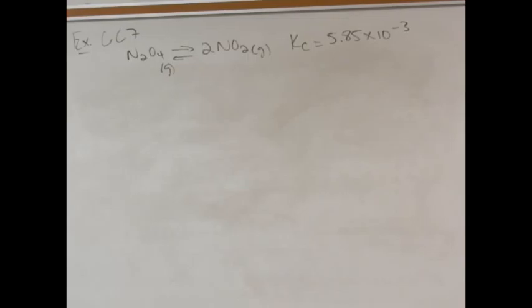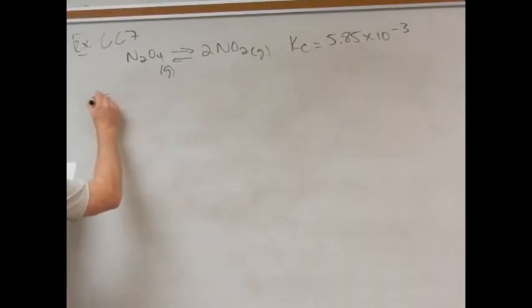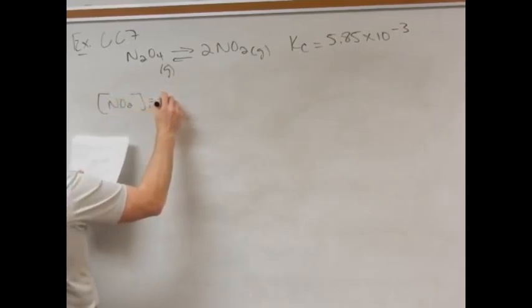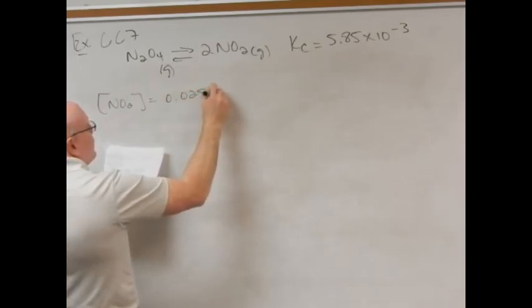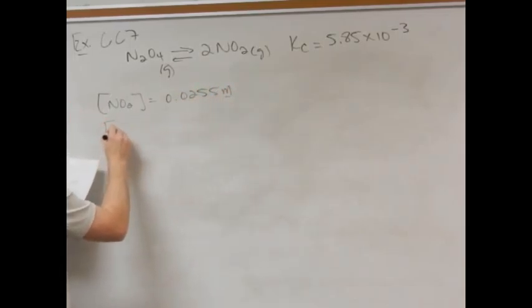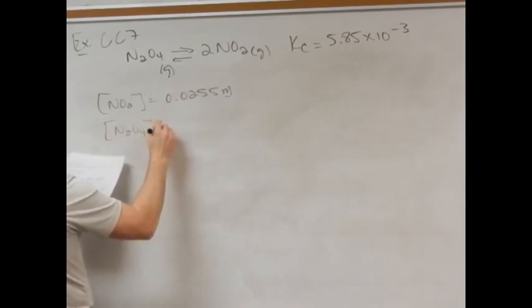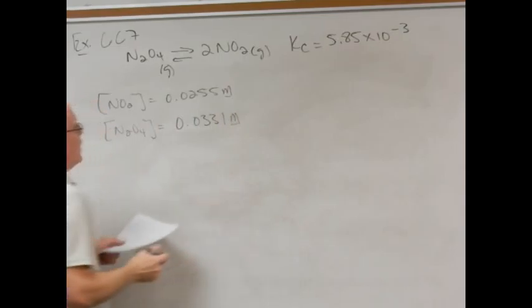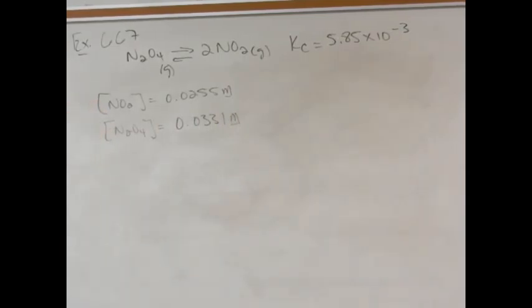It's very small, so it's kind of already looking at going backwards. And it asks you to find, a reaction mixture contains NO2 equals 0.0255. So it gives us a set of conditions, and it asks us to find Q, find out what the numerical value is. Find it the same way that you find the equilibrium constant.